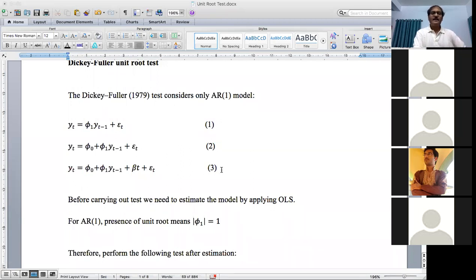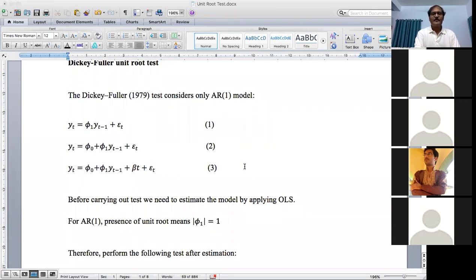So by looking at the time path of the data, we have to decide what kind of AR1 we have to consider, either equation 1 or equation 2 or equation 3. So on the basis of the nature of the time path, we have to select any of these 3 in case of AR1.